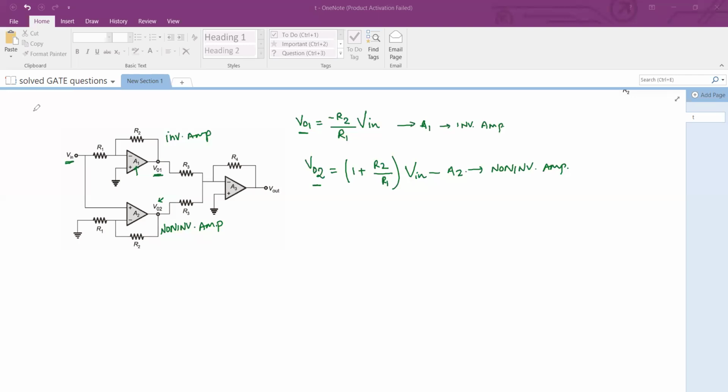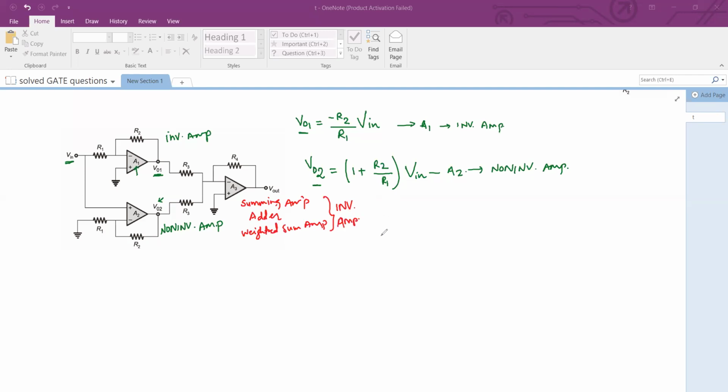It is acting as an adder, also called a weighted sum amplifier, and all these names refer to the inverting mode of the op-amp.